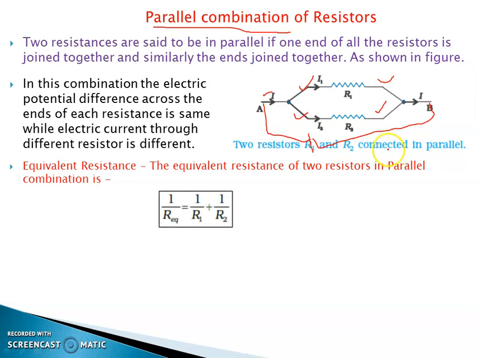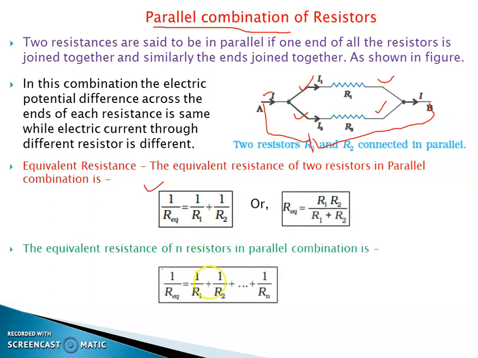Now what will be the equivalent resistance of this circuit? The reciprocal of equivalent resistance is equal to the sum of reciprocals of the resistances of each resistor. If there are n resistors, then 1 by R equivalent is equal to 1 by R1 plus 1 by R2 plus 1 by R3 and so on, right? So this is the parallel combination of resistors.